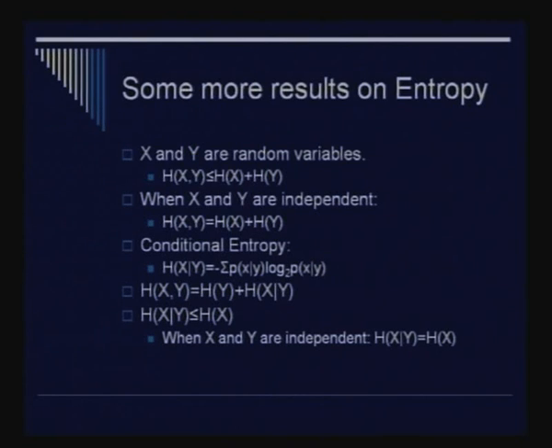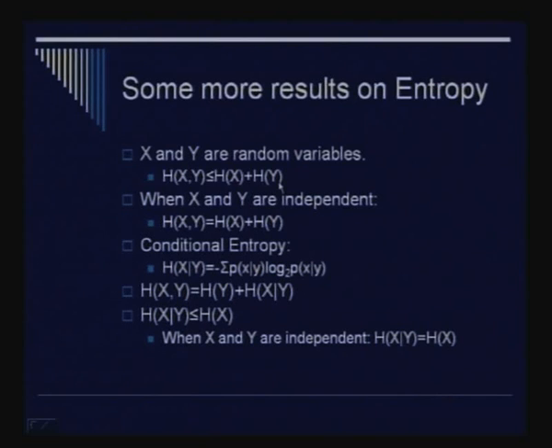Even otherwise, H(X given Y) means that some amount of information is given to you about Y. So this information, H(X given Y), should be less than or equal to H(X), because Y is giving you some information. If you combine this, then you obtain that H(X,Y) is less than or equal to H(X) plus H(Y).